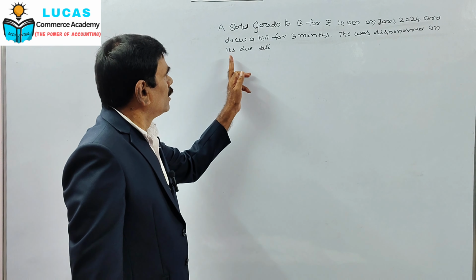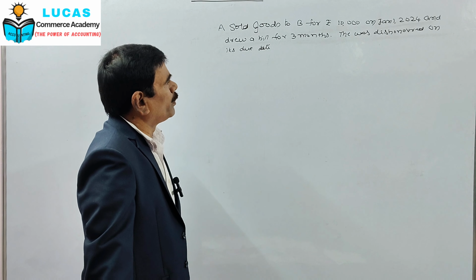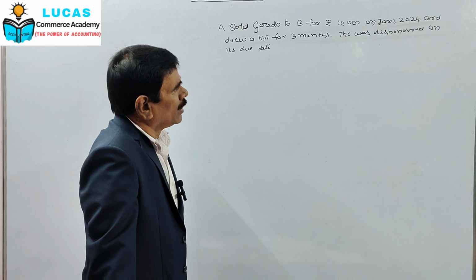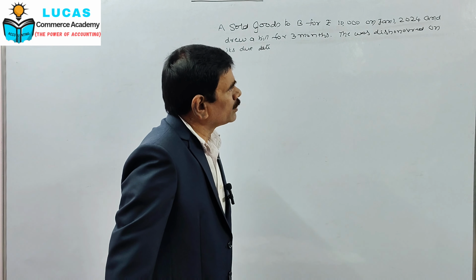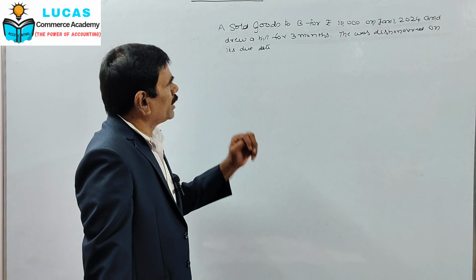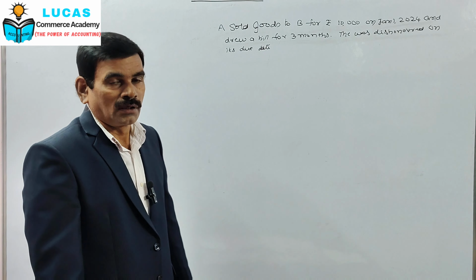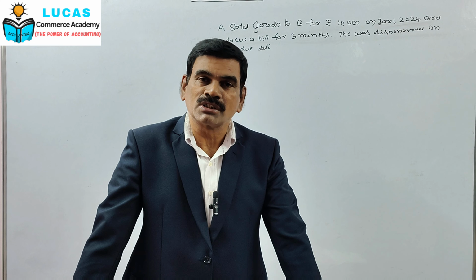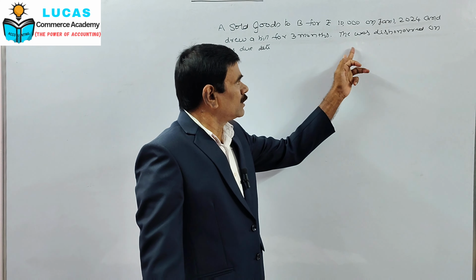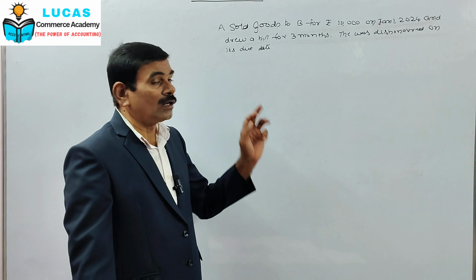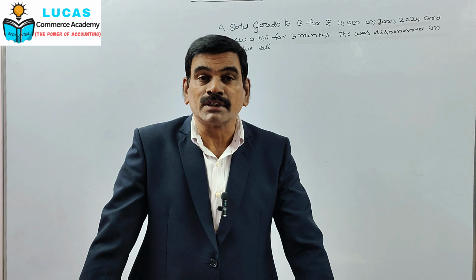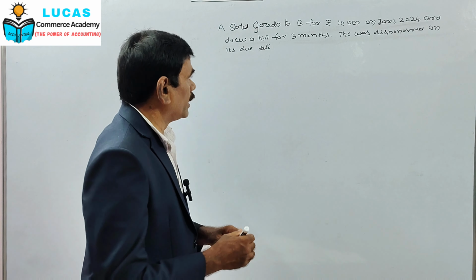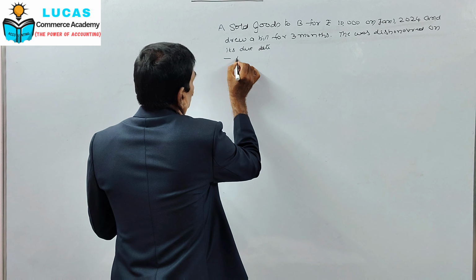Once again, Mr. A sold goods to B for rupees 10,000 on 1st January 2024 and drew a bill for 3 months. The bill was duly accepted and returned to Mr. A. But the bill was dishonored on its due date. So, what is our due date?